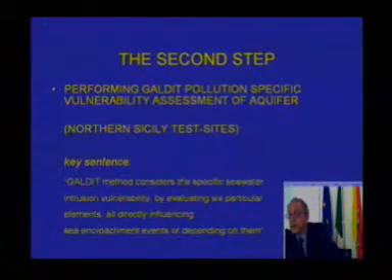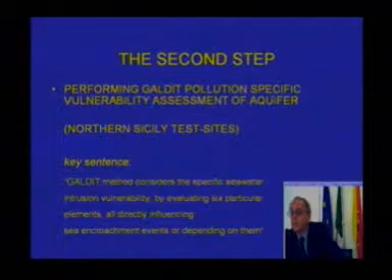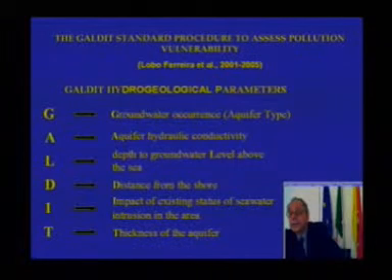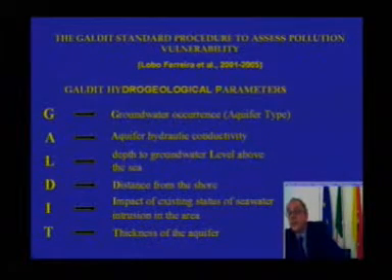The second step of the project is to perform not the intrinsic vulnerability, but the specific vulnerability against sea encroachment. In this way, we applied the GALDIT method that considers parameters closely related to sea encroachment phenomena. This method includes 6 main parameters.